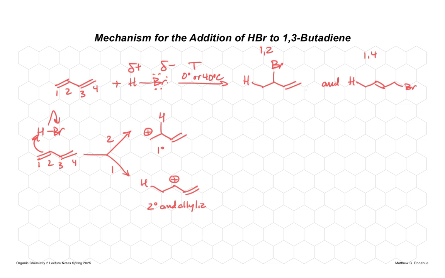As I've drawn it, it is lower in energy. So if we were considering energies, the secondary is lower in energy, so that path is preferentially followed. We're immediately going down this path. We're not following that path.